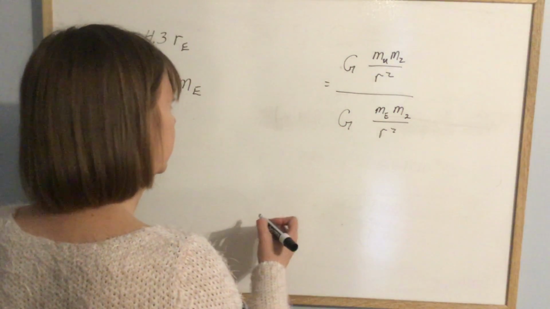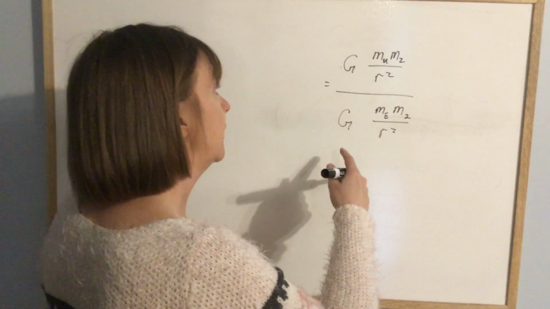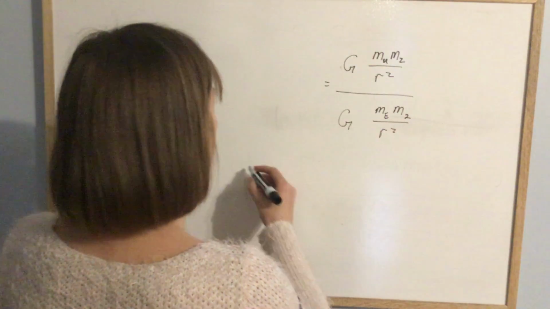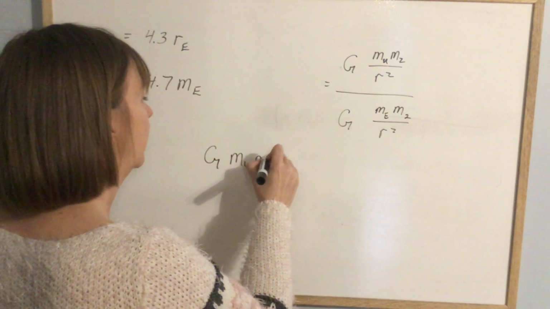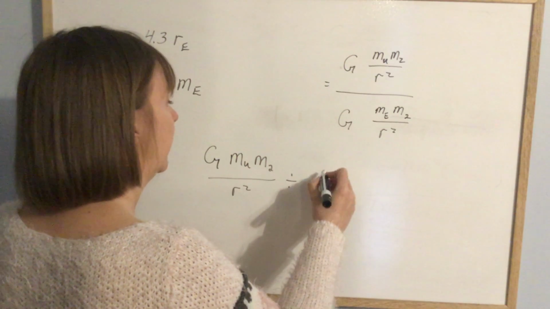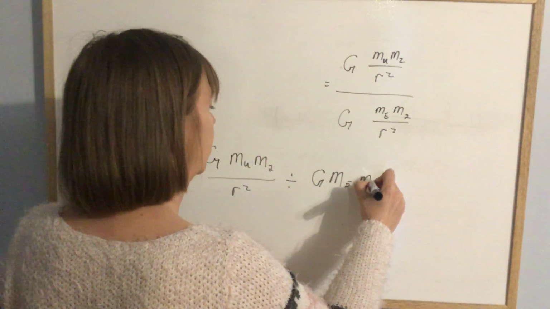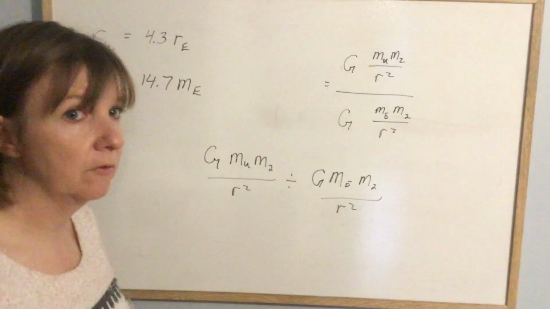To figure out the force of gravity, actually, I'm going to expand this out. I'm going to write G mu m2 over r squared divided by G me m2 over r squared.